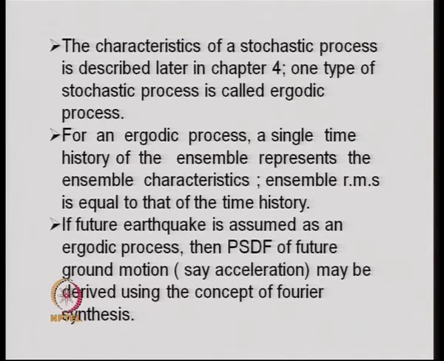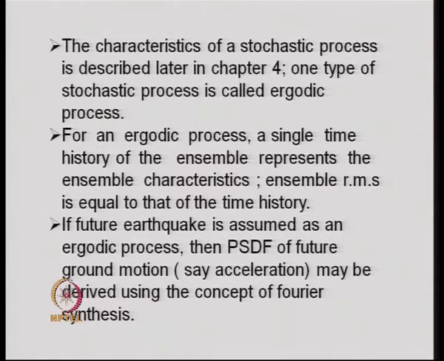Now, one type of stationary random process is called an ergodic random process. Many a time the ergodic condition may not be valid in a stationary random process. For simplifying the analysis or the calculation procedure, many a time we assume ergodicity.